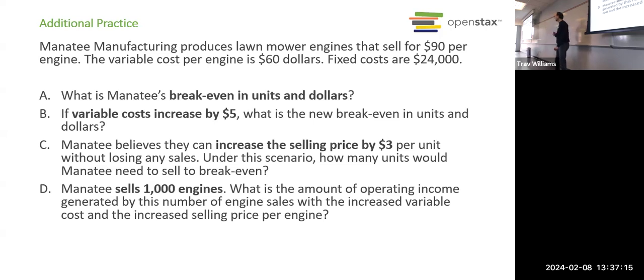Okay, so everybody got that? Did anyone get anything different? All right, and if variable costs increase by $5 per unit, how does that change the break even in units?